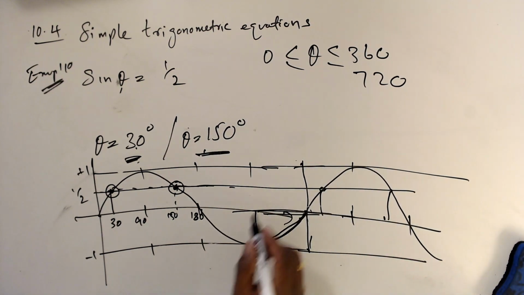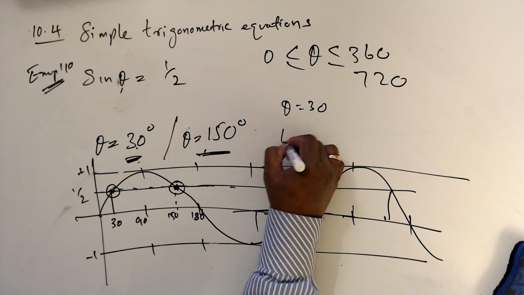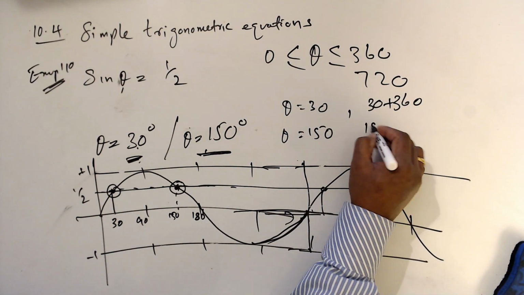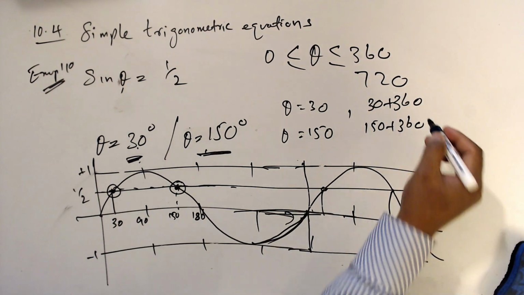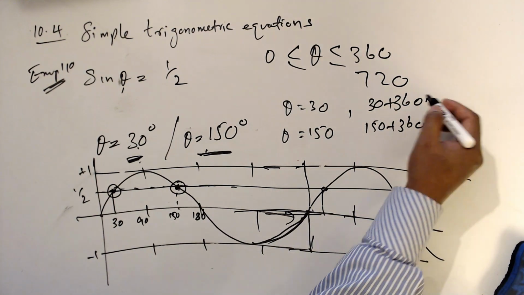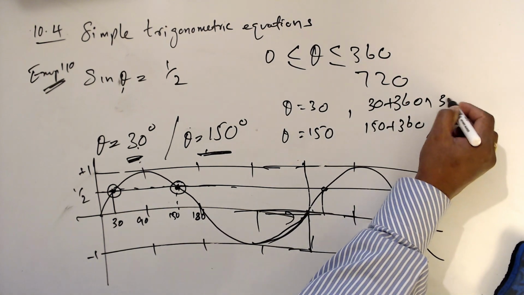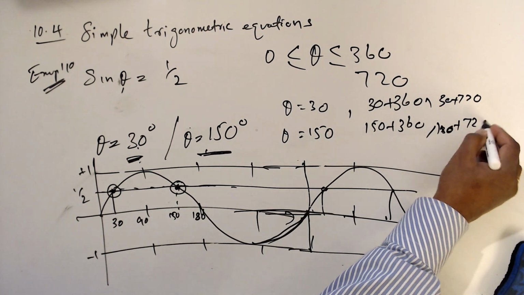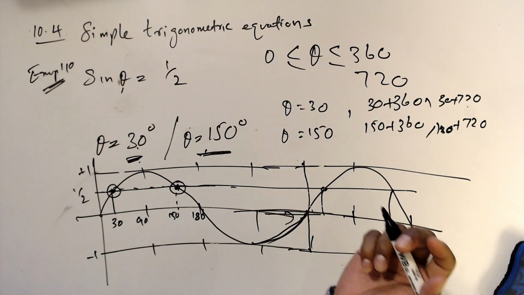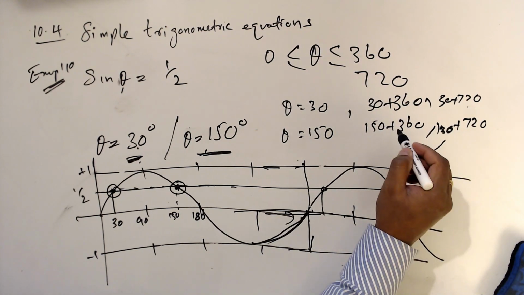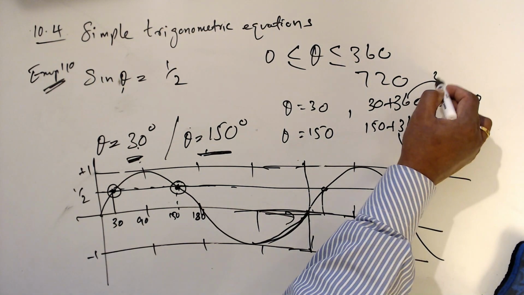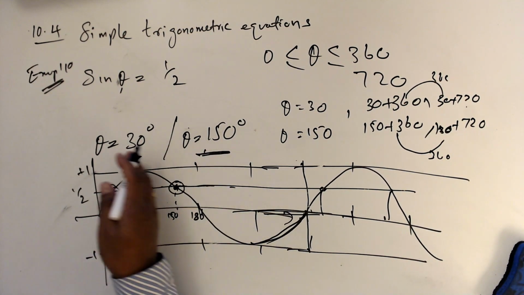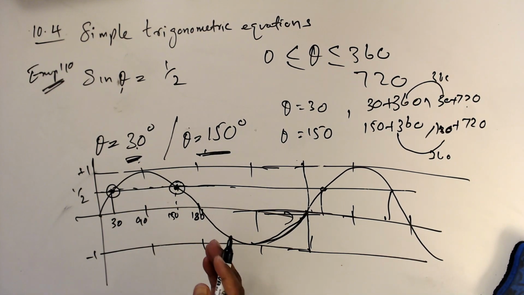When you know that theta is 30 and theta is 150, the next ones are 30 plus 360 and 150 plus 360. If you want more, you add 720 to theta, or you can add 360 to this answer. Both are the same. So when you find the first two answers, you can continue.